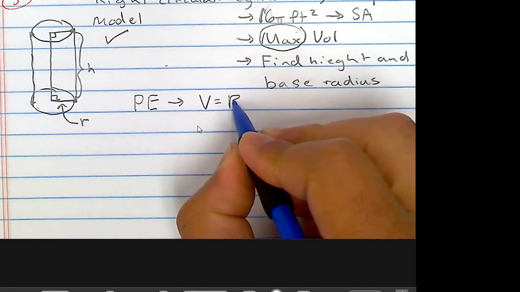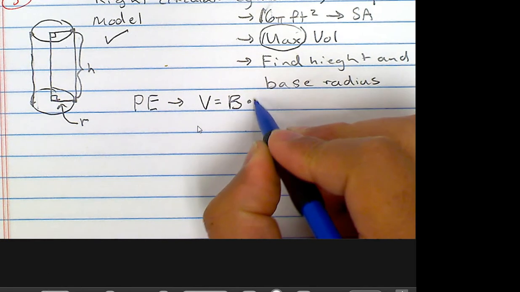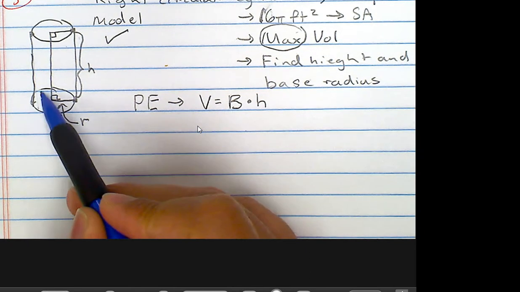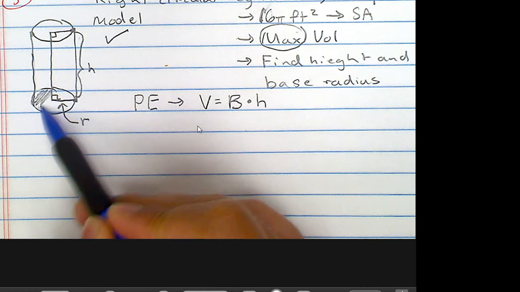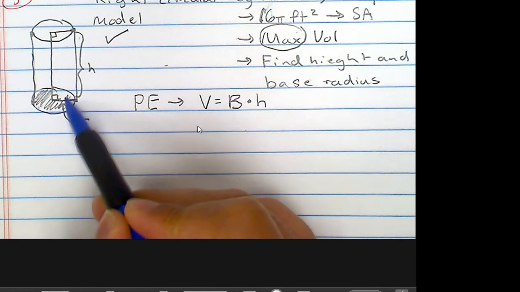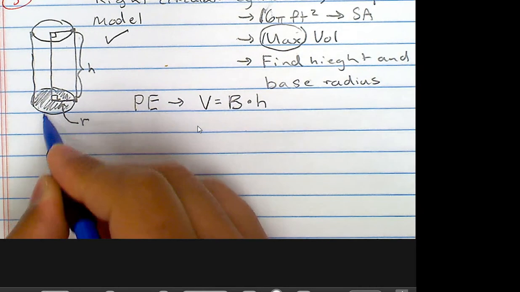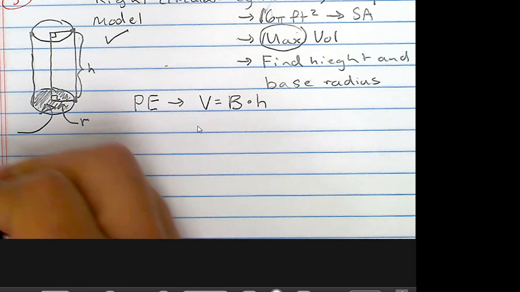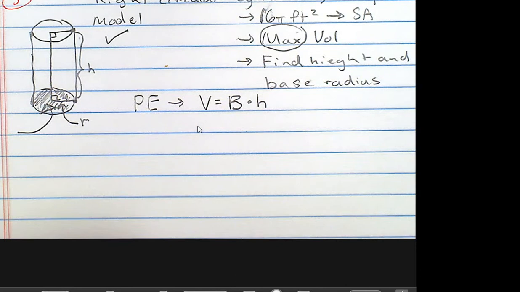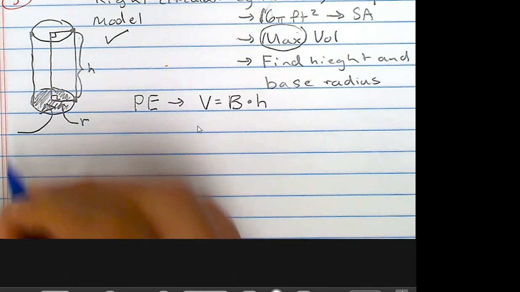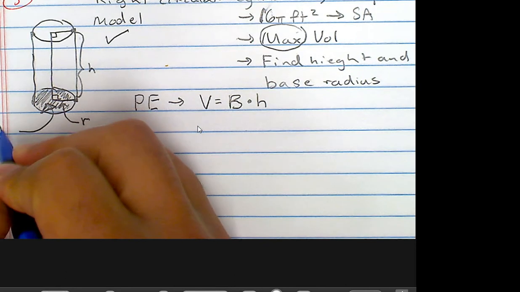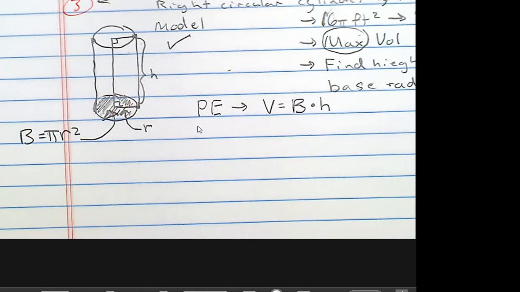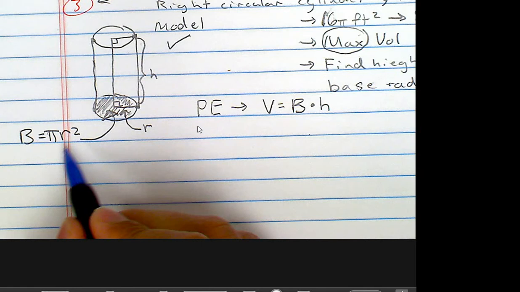Big base though. Big base. So the big base is referring to the area of the base. What is the area of the base? What's the area of a circle? No, pi r squared. Remember, area is always a unit squared.